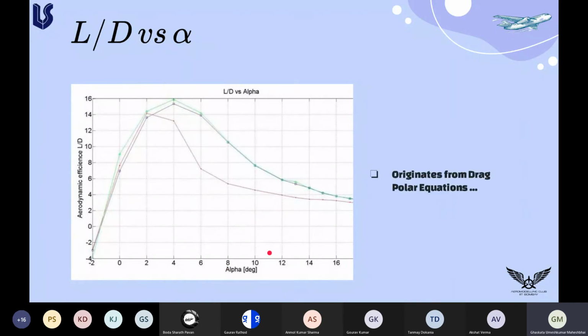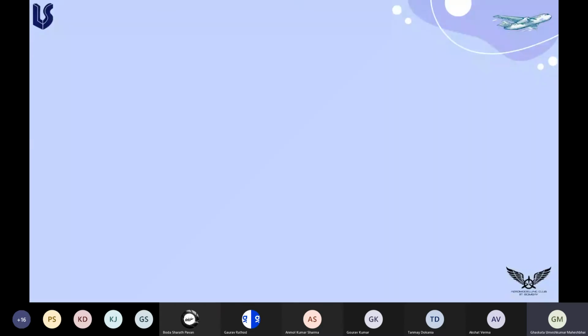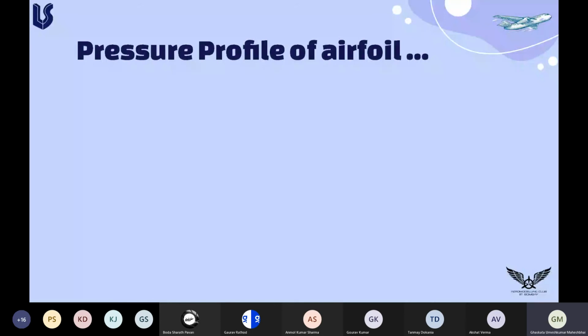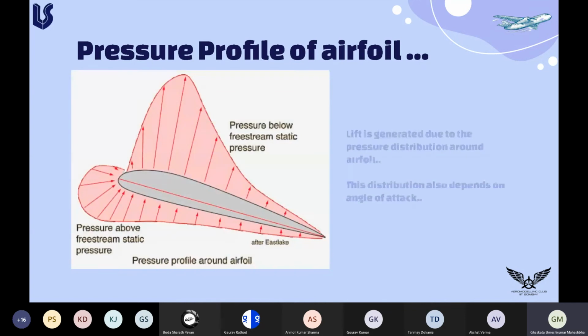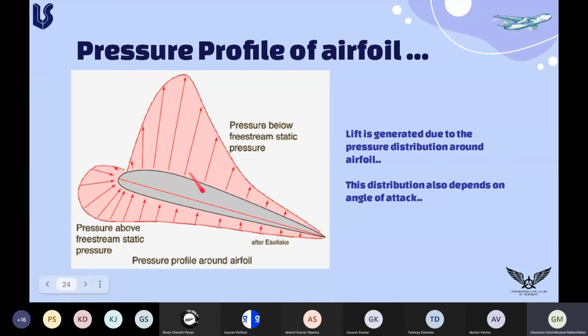Okay, so this originates from the drag polar equation. I hope all four L by D graphs are clear now. Now we have a pressure profile of an airfoil. We know that the lift is generated due to the pressure distribution around the airfoil, and it looks something like this.